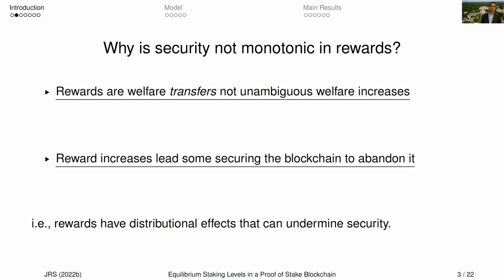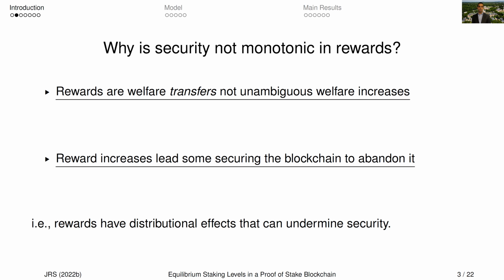And at a high level, the important points here are that rewards are not value added. They're actually, from an economic perspective, welfare transfers. So they don't unambiguously increase welfare. They actually redistribute welfare.